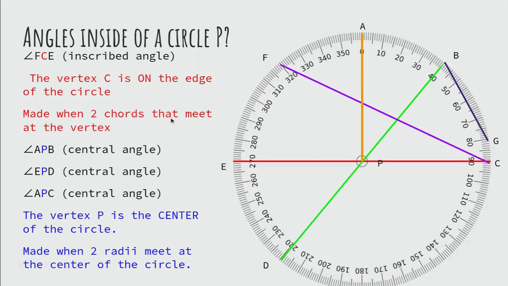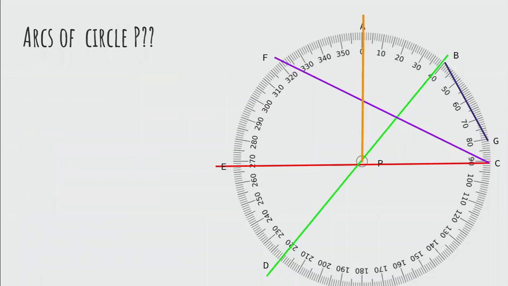Everybody cool on that? So you can see the difference between a central angle, vertex at the center, versus an inscribed angle, vertex on the edge of the circle. All right. Now let's talk about what's going on around the edge of the circle.